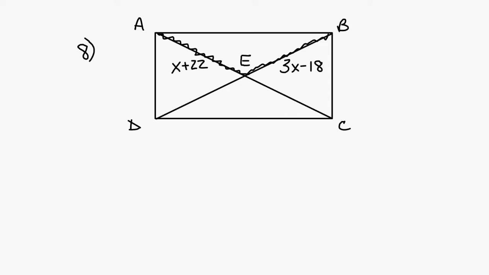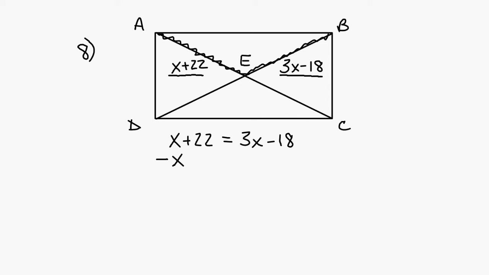Well, in a rectangle, the diagonals are congruent to each other. So this piece of the diagonal on the left would have to be equal to this piece of the diagonal on the right. So set them equal to each other. x plus 22 would have to equal 3x minus 18.